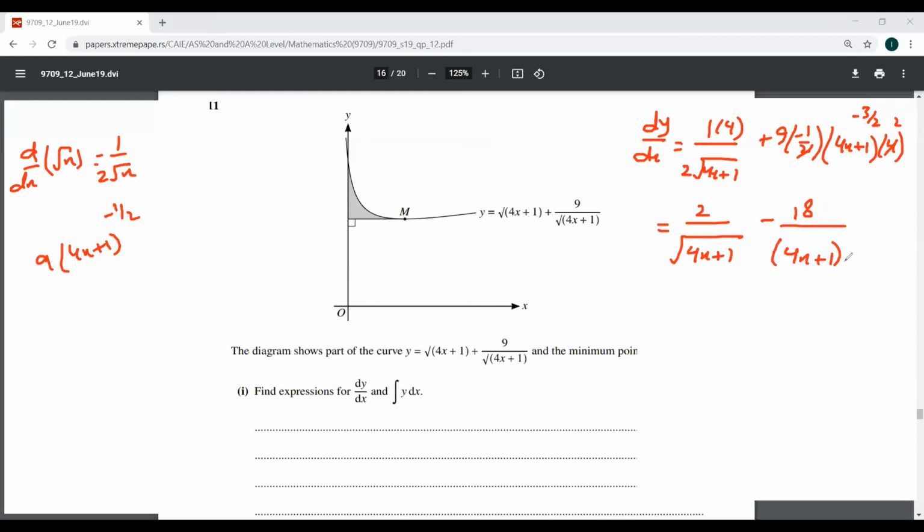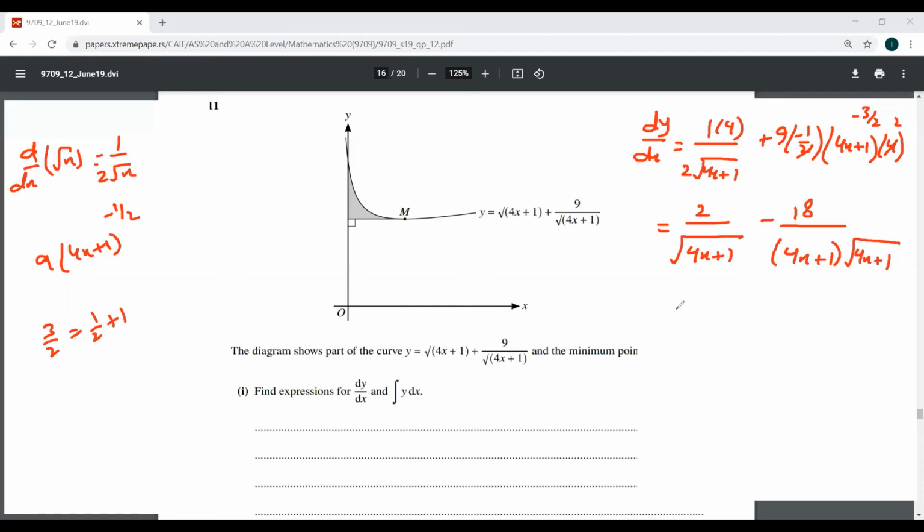And the cleverer students know we can write it as this. The power is 3 by 2, and 3 by 2 actually means half plus 1. I have written it like this because he was asking for the expression, so we can leave it up to this.